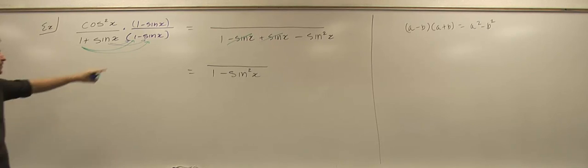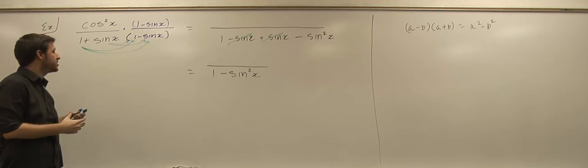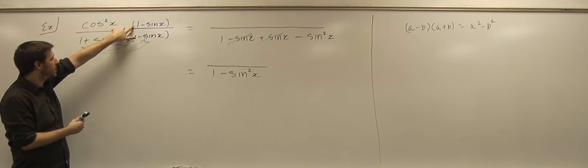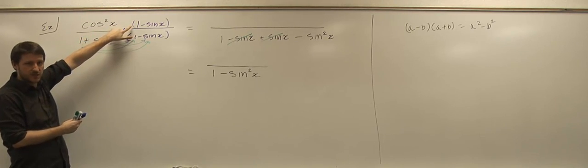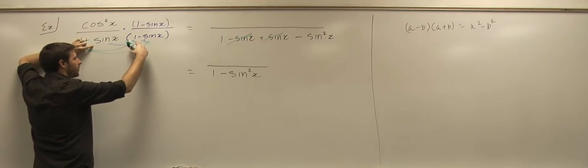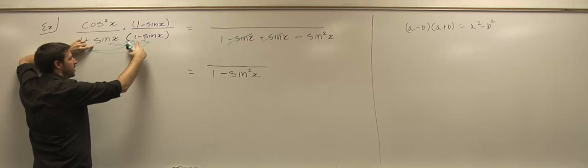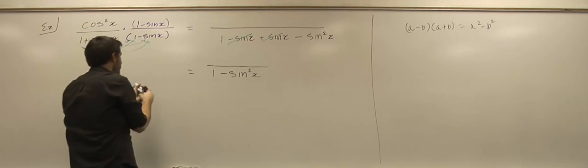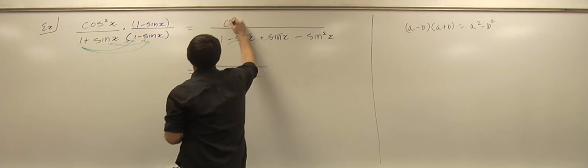The whole point of multiplying by the conjugate is to hopefully get something to cancel. And if you start multiplying this out, it's going to be harder to see what cancels. So you should always multiply where it's helpful, right? Because this is really nice to multiply because it's a difference of squares. But on top, there's no need. I'm just going to leave it.